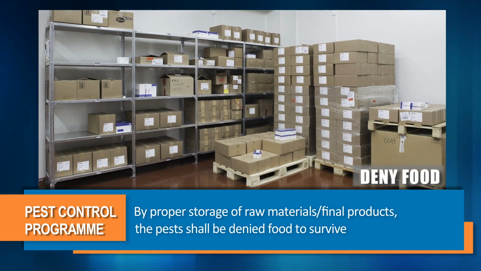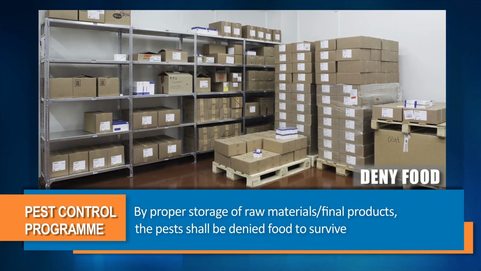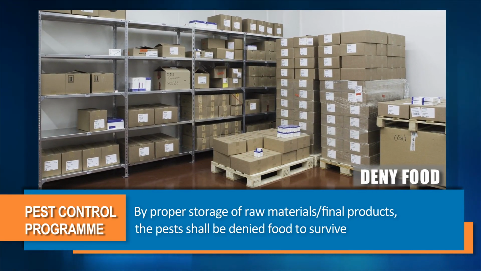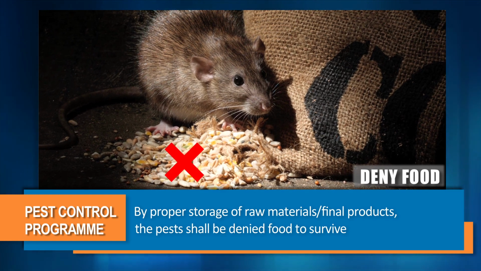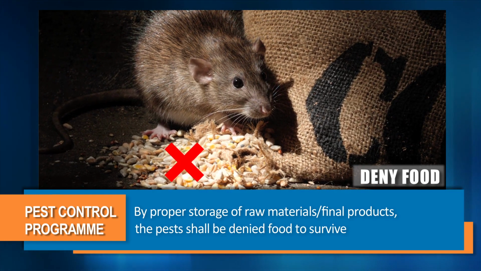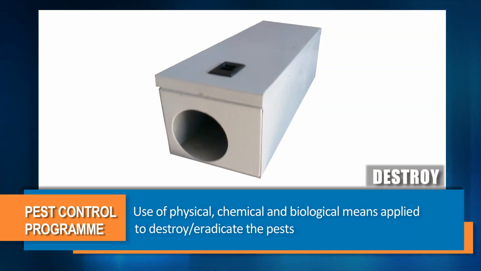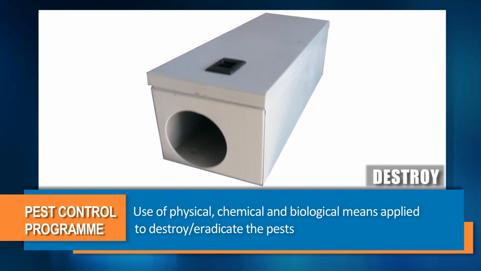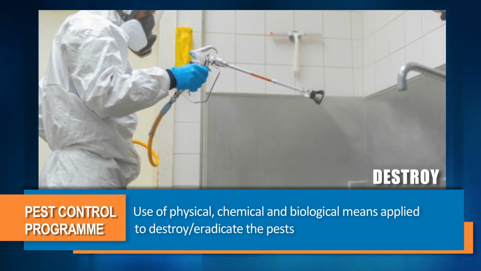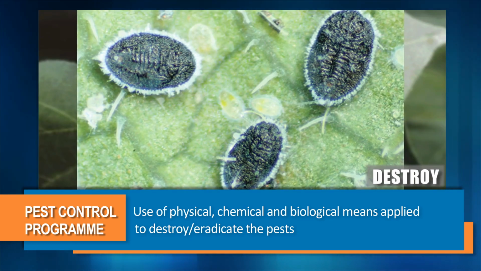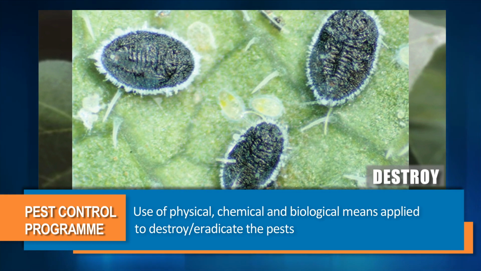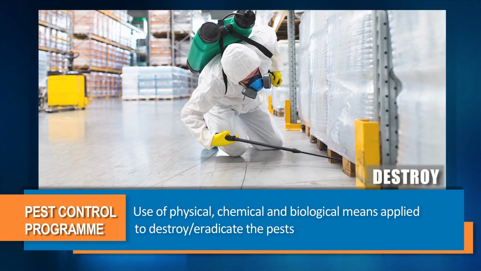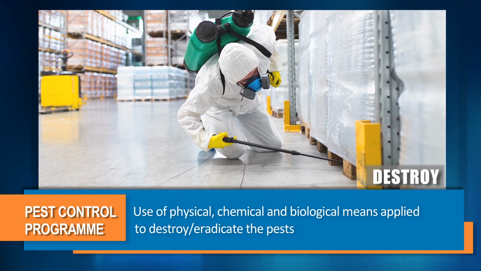Deny food, meaning by ensuring proper storage of raw materials and final products, the pests shall be denied food for them to survive. And finally, destroy, meaning use of physical, chemical, and biological means shall be applied to destroy and eradicate the pests from the premises.